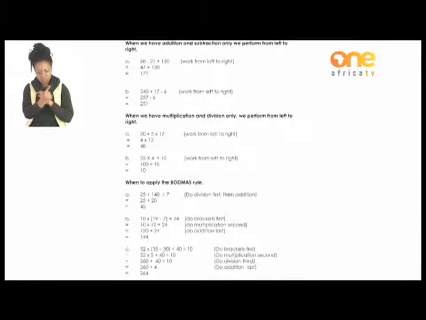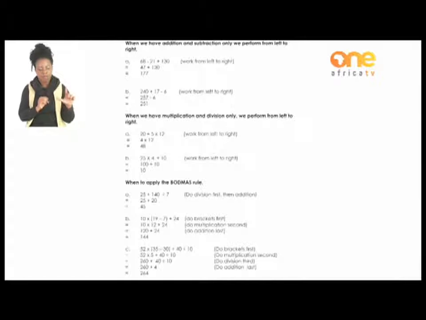Let's try example B. 25 times 4 divided by 10. Here the multiplication is first, so work from left to right.